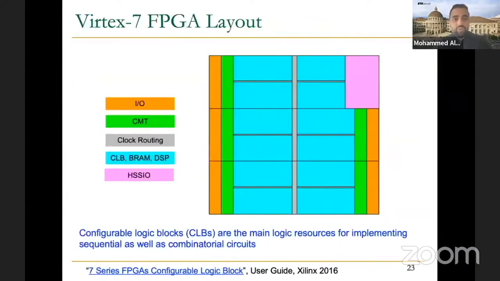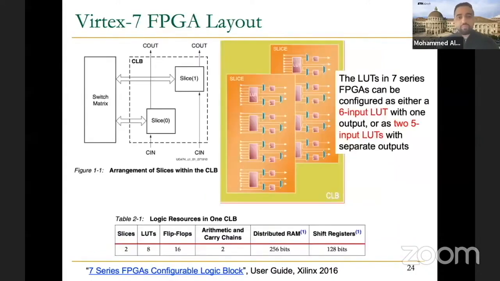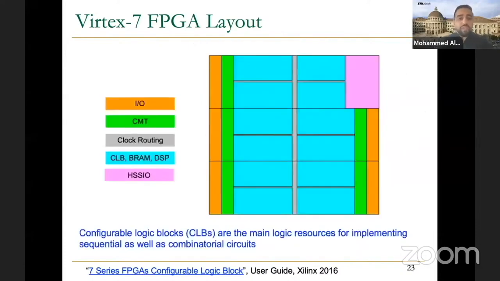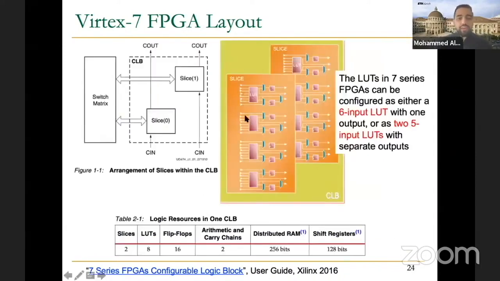So we need to look for FPGAs that have lookup tables with at least 5 inputs. It's okay to use 7 inputs, for example, but at least 5. That's why we use what we call the Xilinx Virtex 7 FPGA. Now it's AMD. AMD already acquired Xilinx. In their FPGAs, in the Virtex 7 family, you can see a single CLB or logic block has 2 slices.